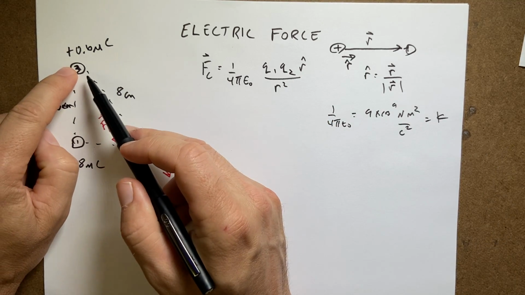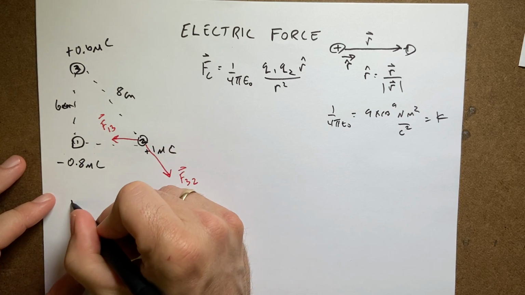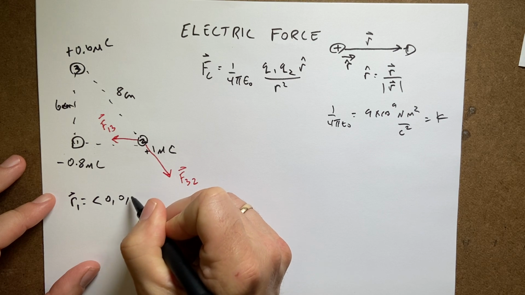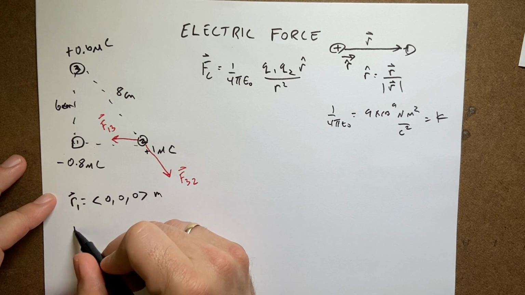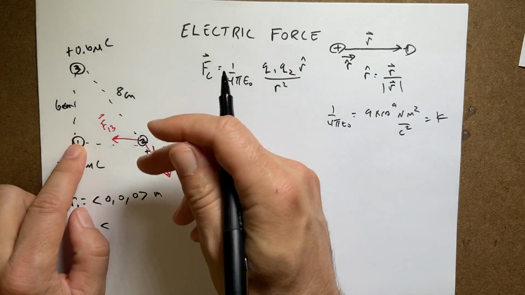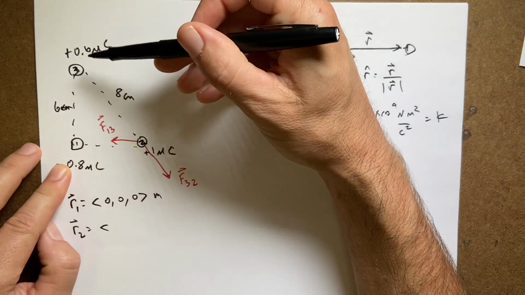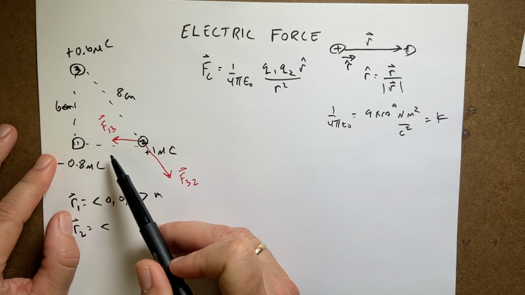Let me start off with the positions of all these charges. So let's say R1 is equal to the vector 0, 0, 0. It's at the origin, and I want these all in meters. R2 right here is going to be the vector... In this case, they gave you this distance and this distance, but they didn't tell you this one.